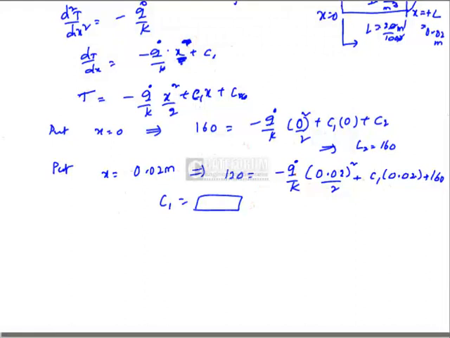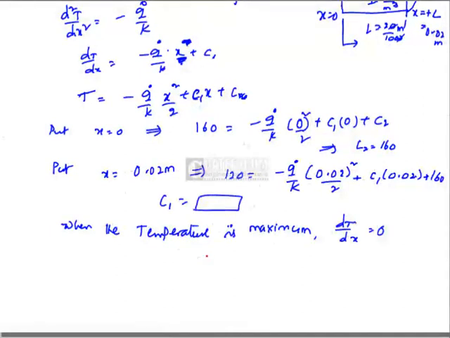After getting C1, to get the location where the temperature is maximum, when the temperature is maximum, dT by dx is equal to 0, implies minus q dot by k into x plus C1 is equal to 0.